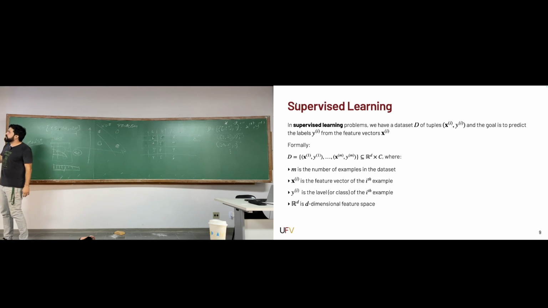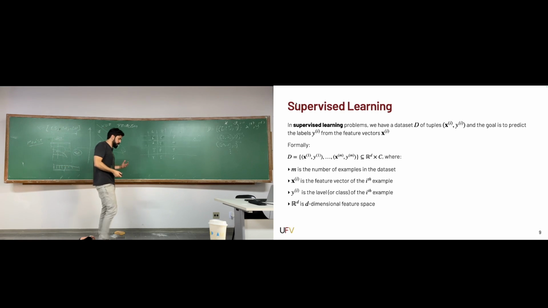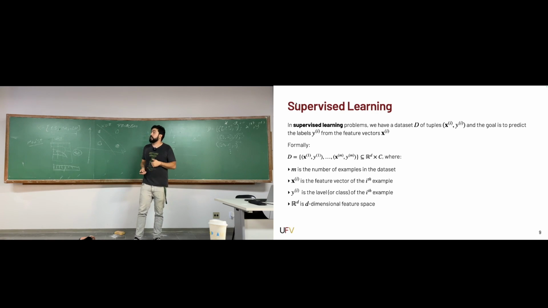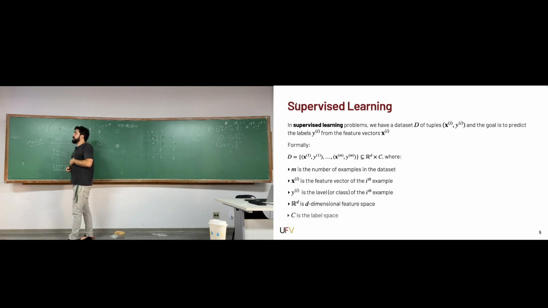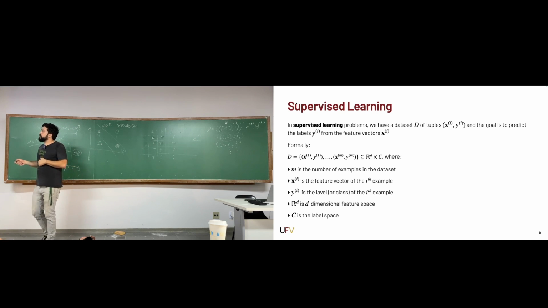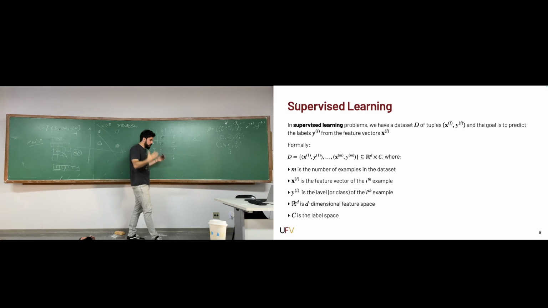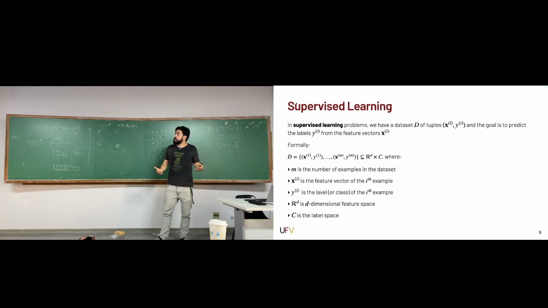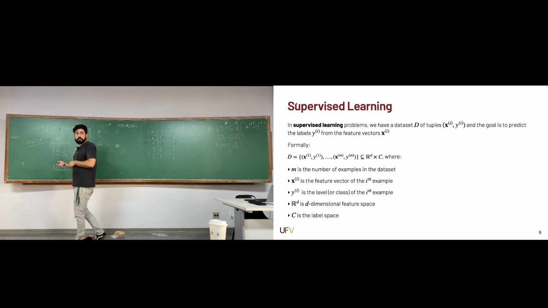In fact, this is a characteristic of machine learning problems that you have to think about very frequently. Okay, and then C is the label space, which is also a set that defines all the labels we can have in our problem. Is this clear? We're going to see some examples now.